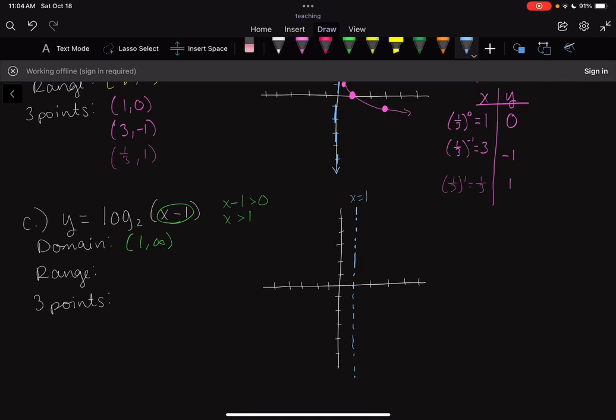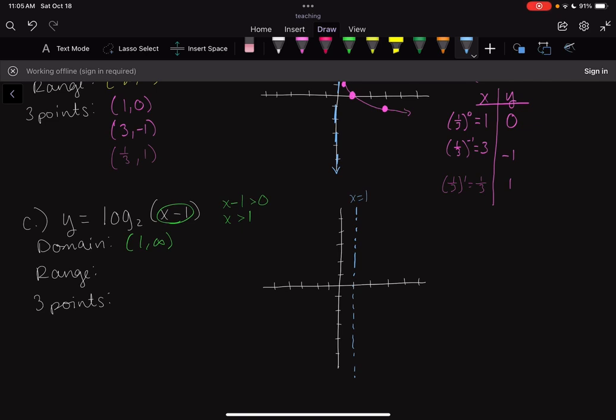So again, if you want to pick x values right now, you can do that. You can't plug in 1 because that's not in the domain. You would have to pick x values so that when you plug it in, you get a power of 2. So you'd have to just think about it a little bit.